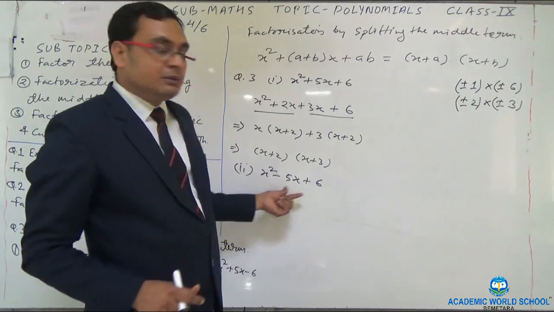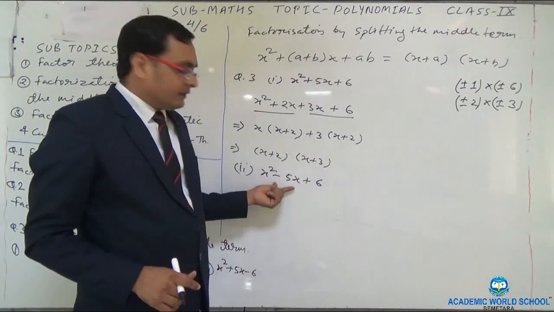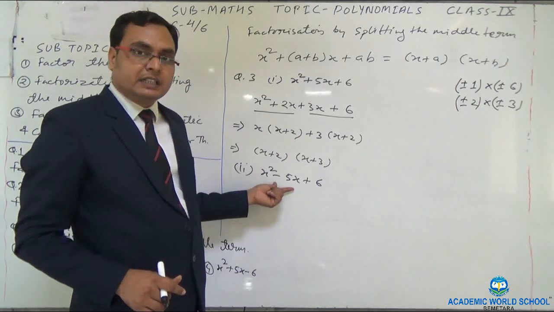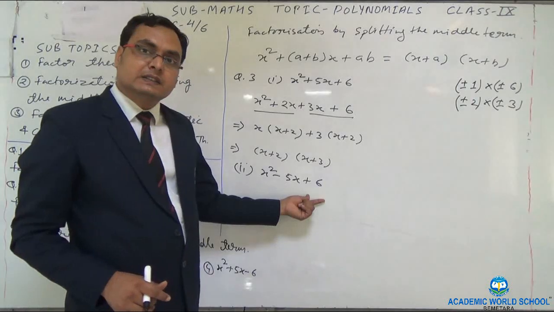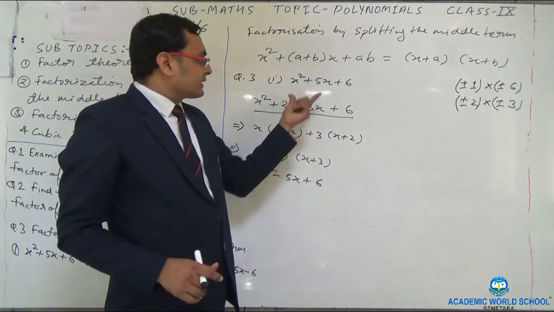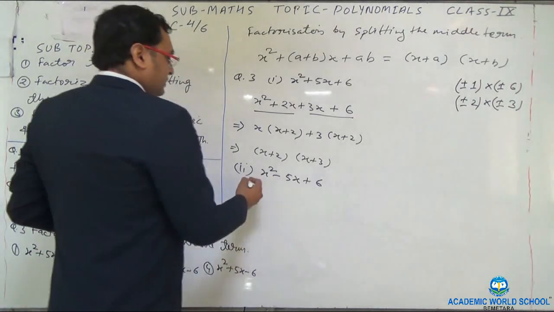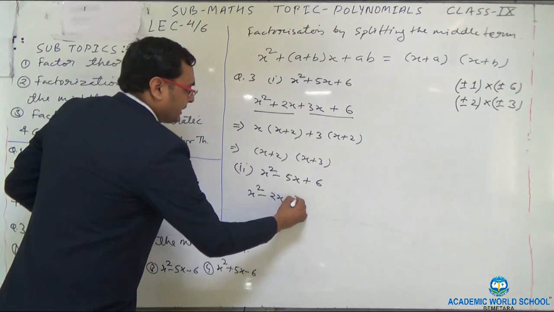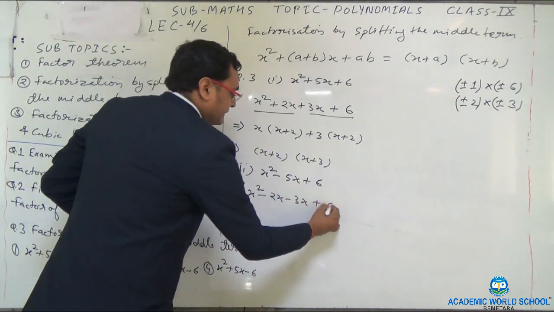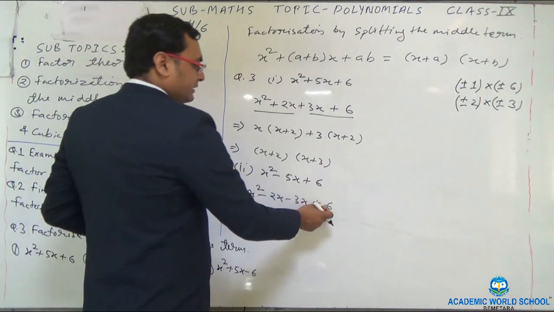Here the factors will be minus 2 and minus 3. Minus 2 and minus 3 on addition will give us minus 5, and minus 2 into minus 3 will give us plus 6. So, as the slight change is there, the factors will be different. So, factorize it: x square minus 2x minus 3x plus 6. Minus 2 and minus 3 is minus 5 and this is plus 6.